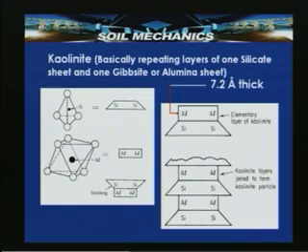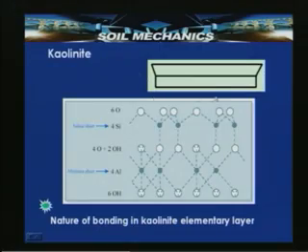It is also called a 1:1 clay mineral, which means that one silicate sheet and one alumina sheet form an elementary layer of kaolinite. Here the nature of bonding in the kaolinite elementary layer is shown: how the silicate sheet and alumina sheet are attached, with the alumina sheet and the silicate sheet marked.